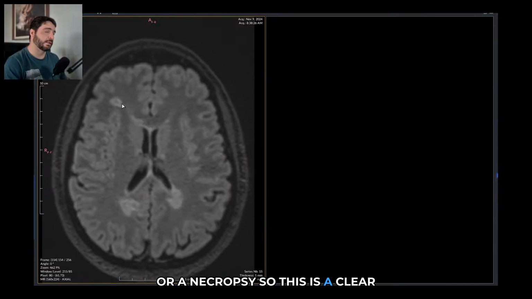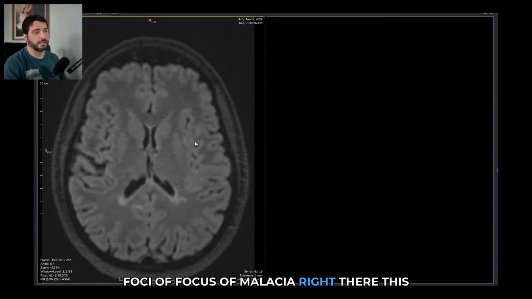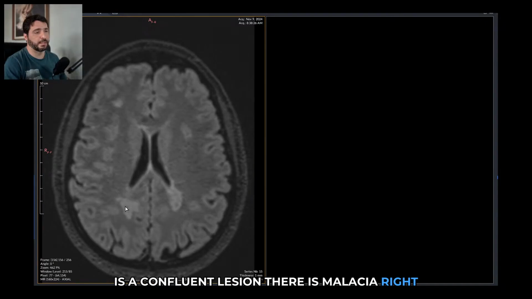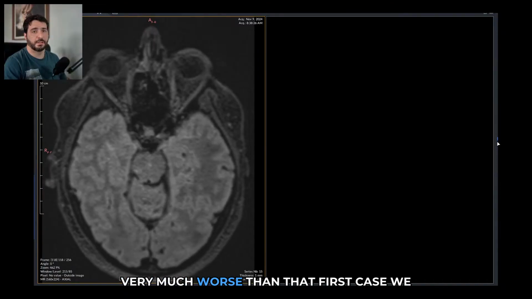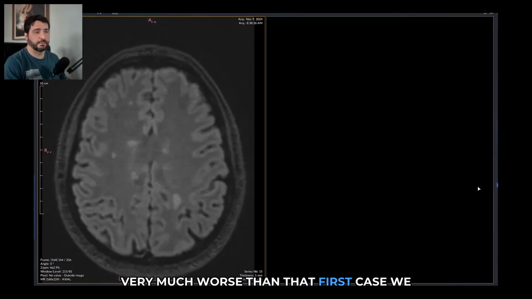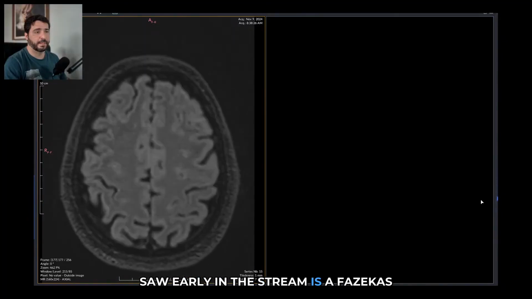So this is a clear sign of malacia, gliosis with a central focus of malacia right there. This is a confluent lesion. There is malacia right here and gliosis right there. So this is very much worse than that first case we saw early in the stream.